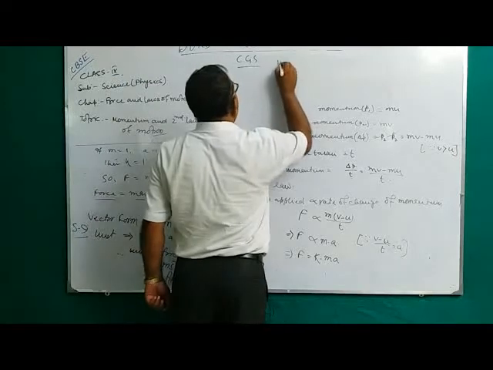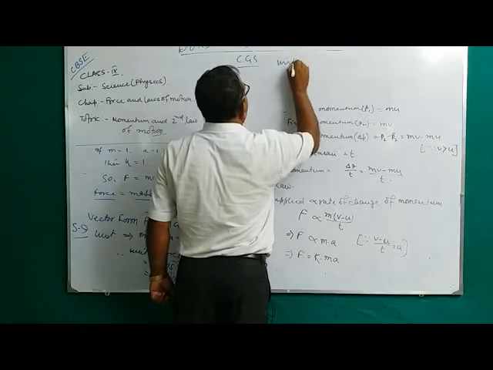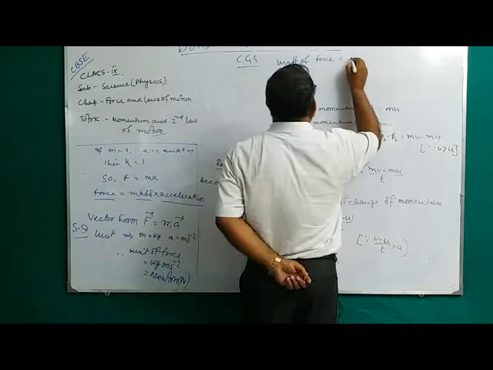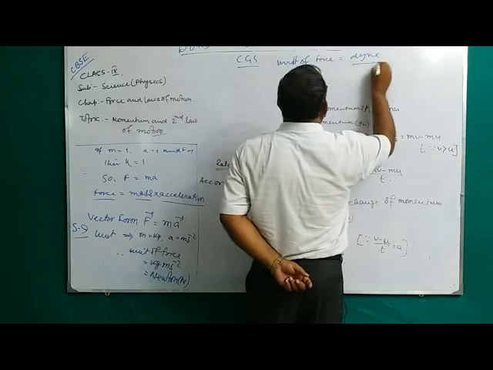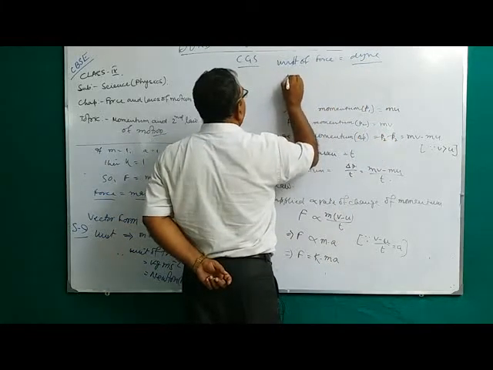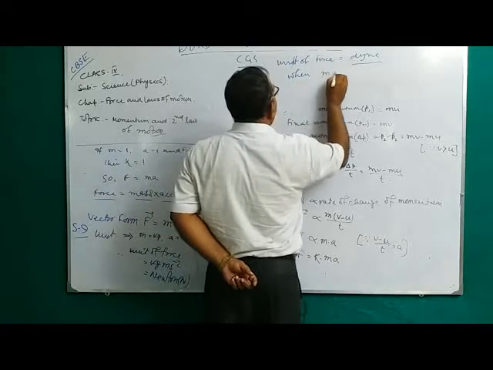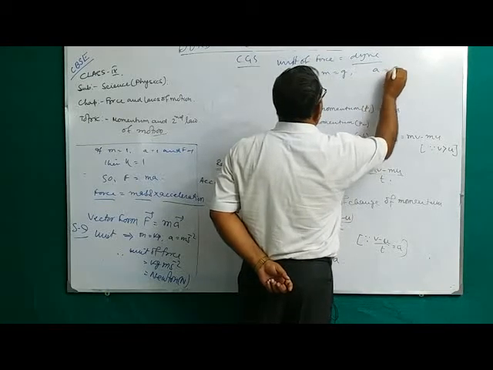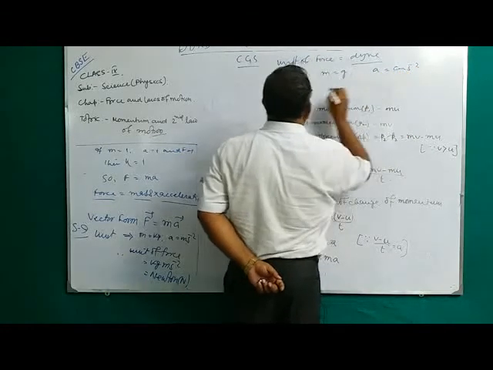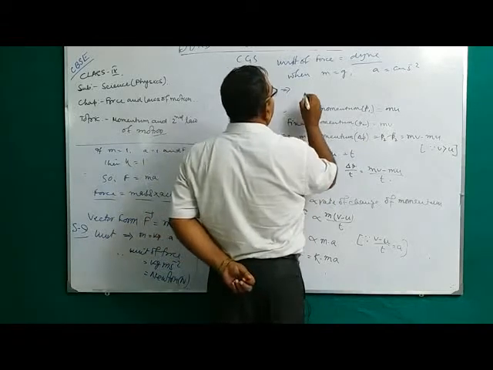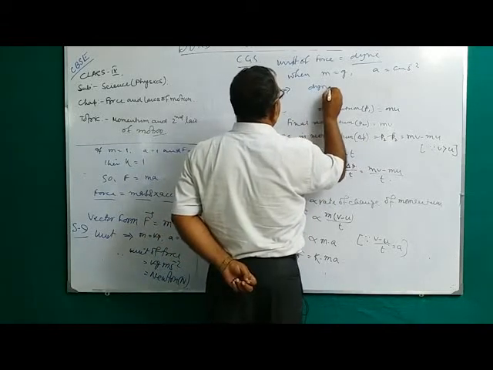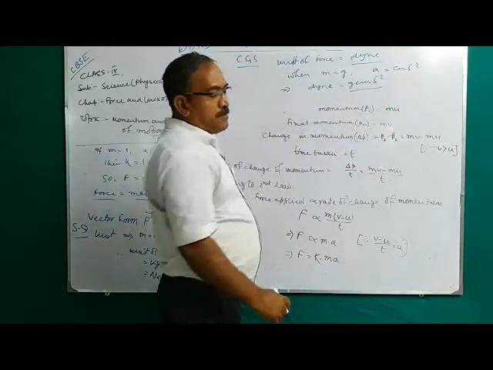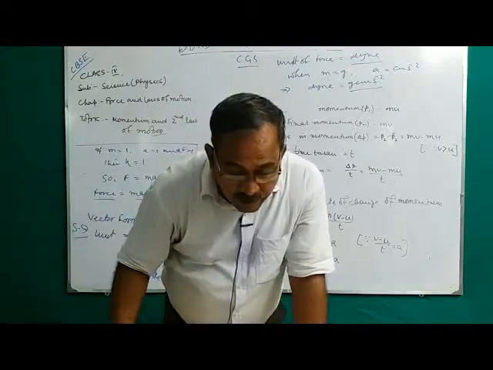In the CGS system, the unit of force is dyne. Dyne means when m equal to gram and a equal to centimeter per second square. So the dyne equal to gram centimeter second to the power minus 2.